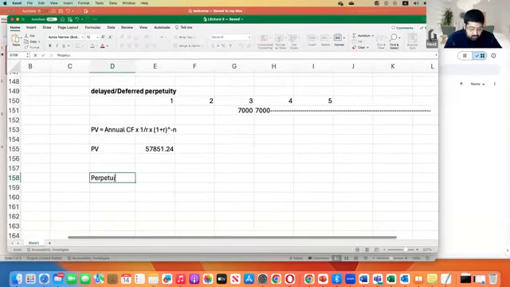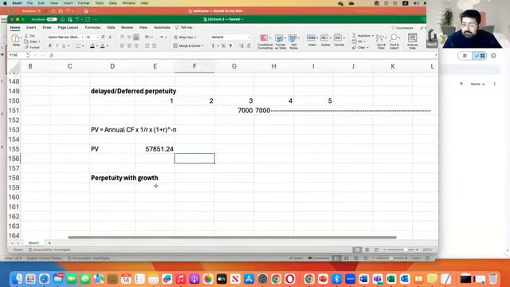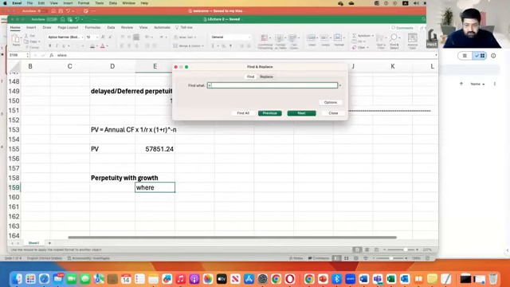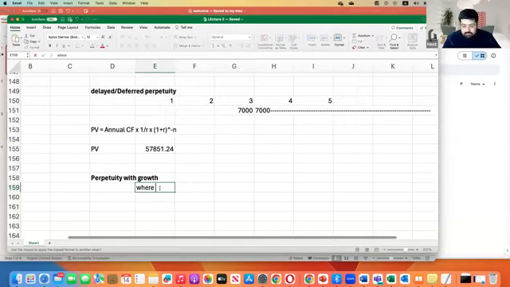And the last, perpetuity with growth. It is a unique case where cash flows grow at a constant rate in the foreseeable future.